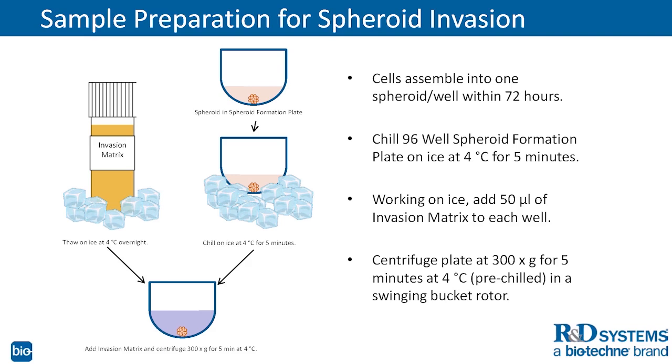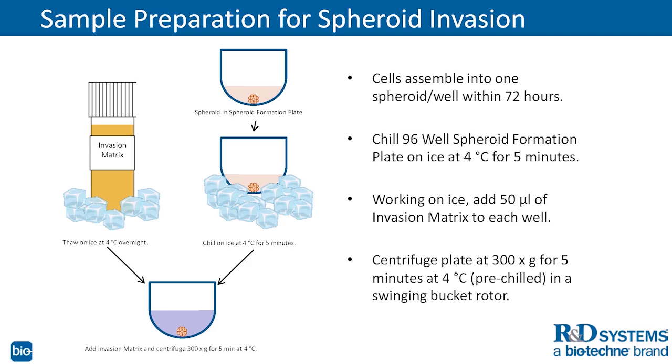So as soon as the invasion matrix is thawed out, we'll take the spheroid formation plate with the spheroids in it and put it on ice at 4 degrees Celsius, so in the refrigerator, for 5 minutes. This will quickly chill down the plate and the spheroid formation ECM and the spheroids themselves.